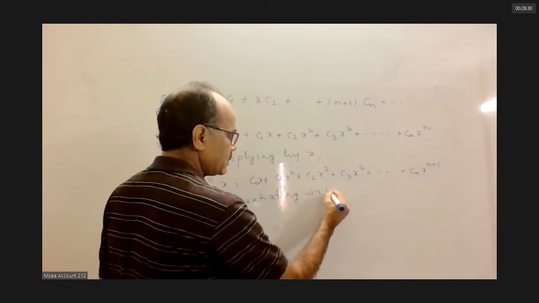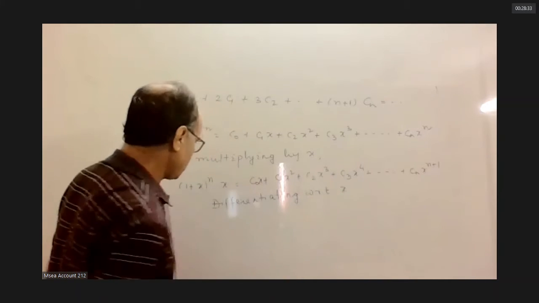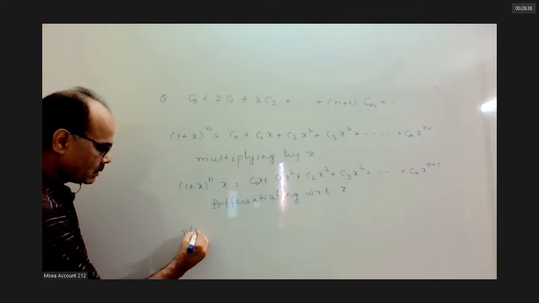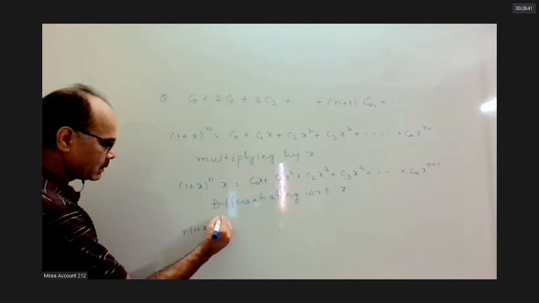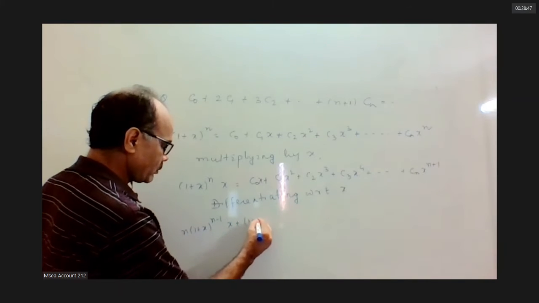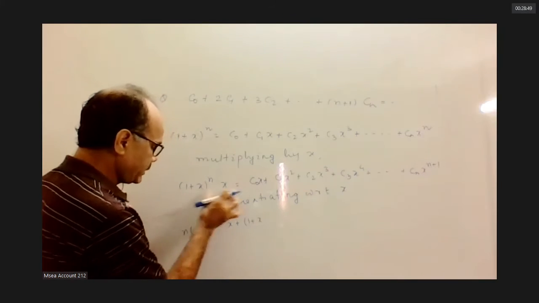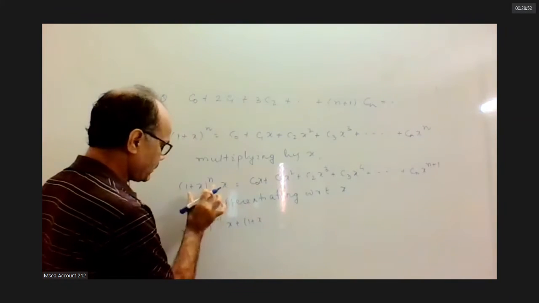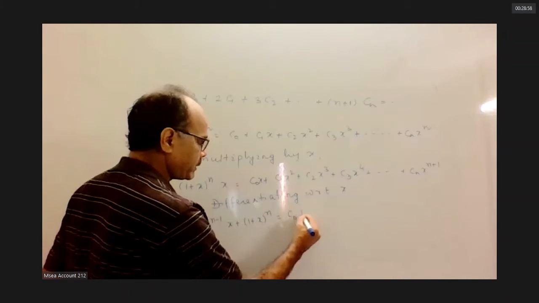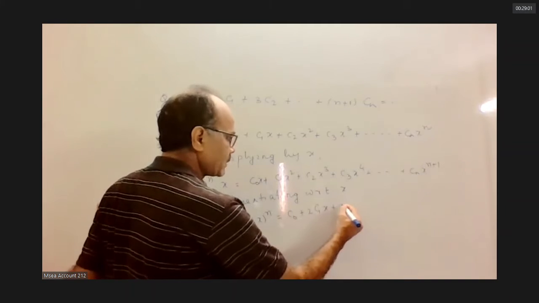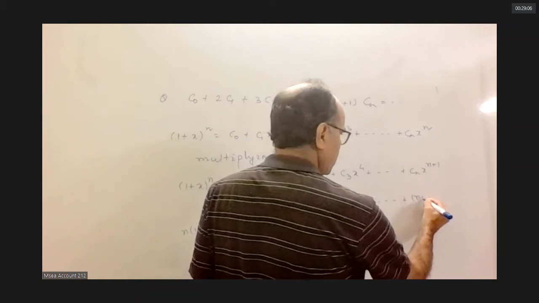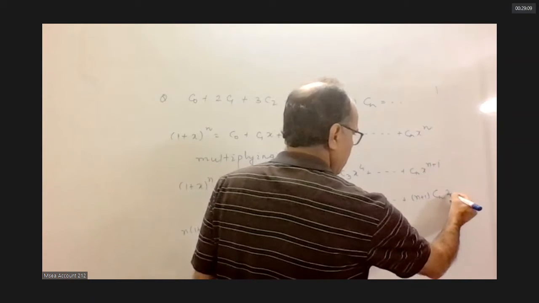Differentiating both sides with respect to x, this will be n into 1 plus x to the power n minus 1 into x plus 1 plus x to the power n, by the UV rule, this into the derivative of this plus this into the derivative of this, equals C0 plus twice C1x plus thrice C2x square up to n plus 1 into Cn x to the power n.